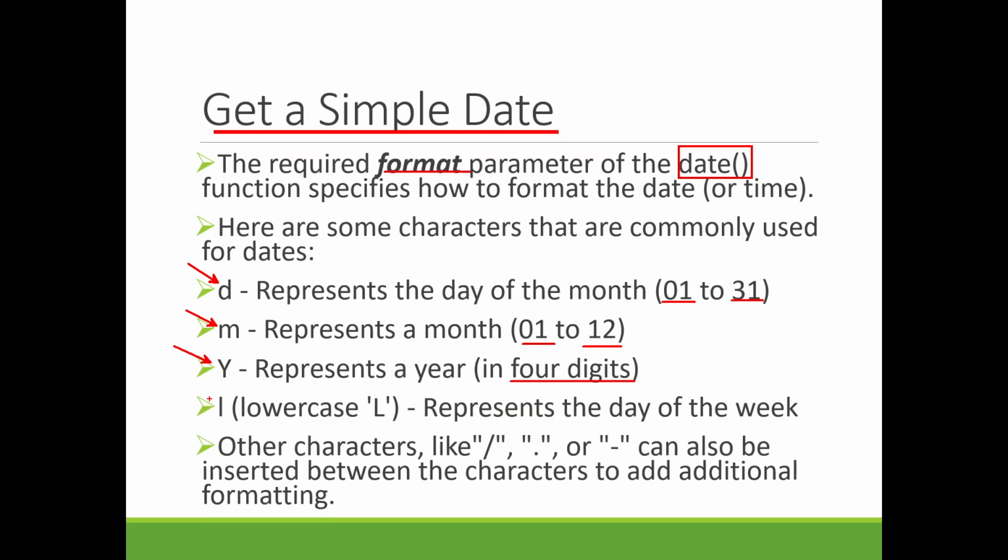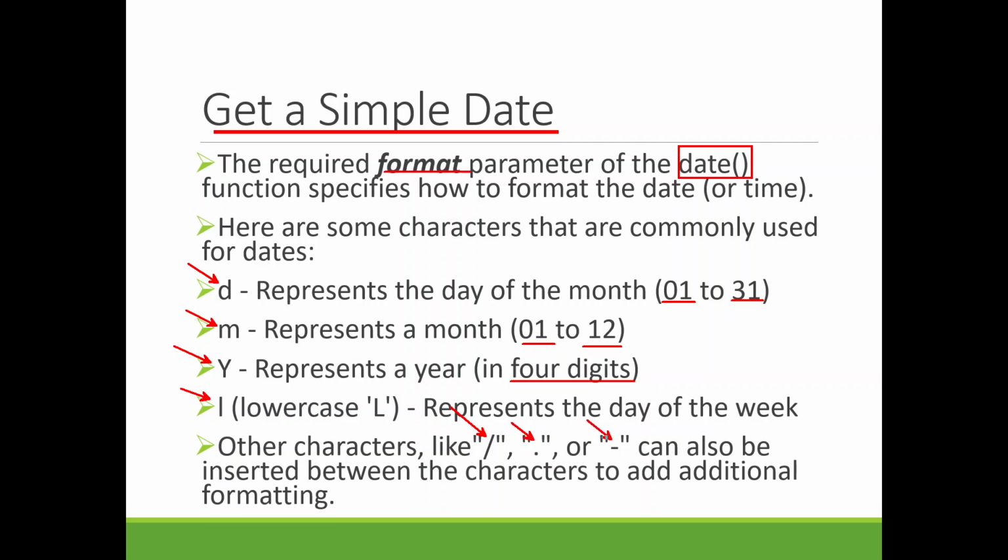Then l, on the other hand here, is used to represent the day of the week. That is lowercase l. So the day of the week, is it Monday? Is it Tuesday? Is it Wednesday? Etc., etc. Now, in order to separate the day, the month, the year, or even the day of the week, we normally use certain characters like we've always used when we write.